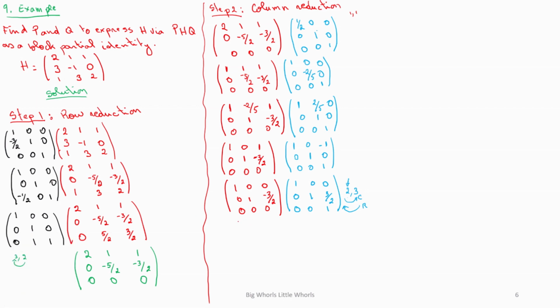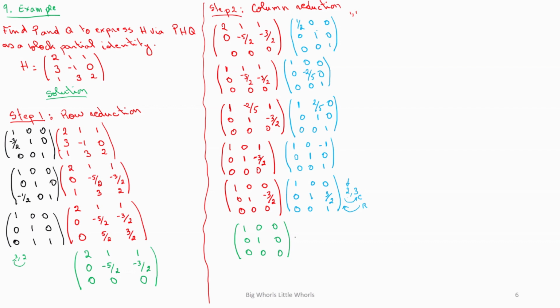So we should have the following as the answer: 1 0 0, 0 1 0, 0 0 0. Okay, so what we have done, as we have said in the lecture, is that if we perform row reductions followed by column reductions, we will end up with a block partial identity.